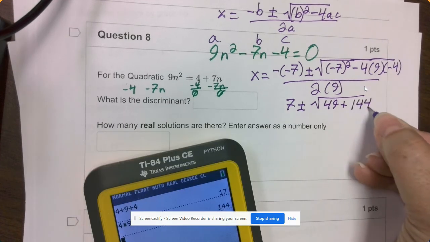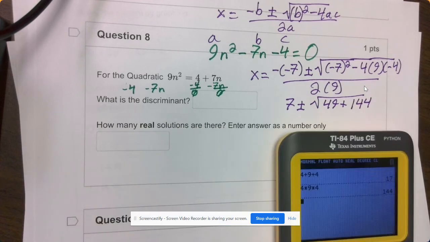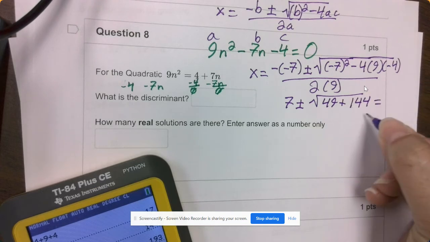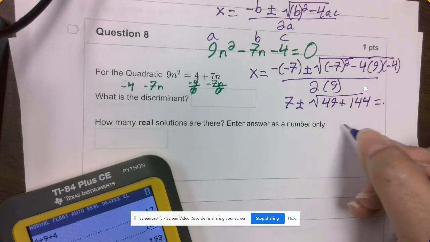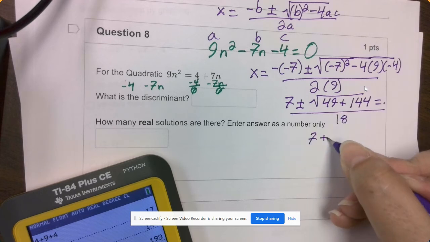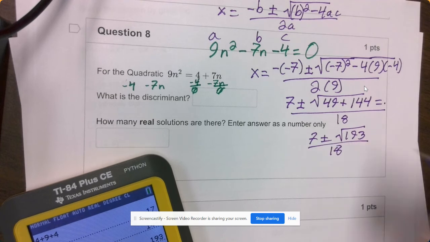Okay, so we have 144 plus, so everybody, all I do is just put plus 49, 193. Oh, actually this one, everybody, they're just asking us for the discriminant. Okay, so 7 plus or minus square root of 193 over 18. Okay, what's the discriminant, everybody?